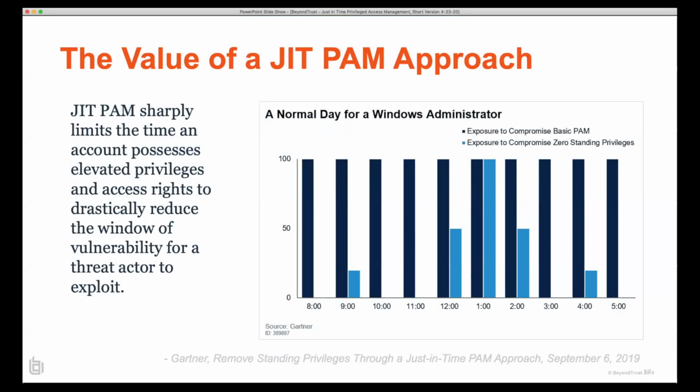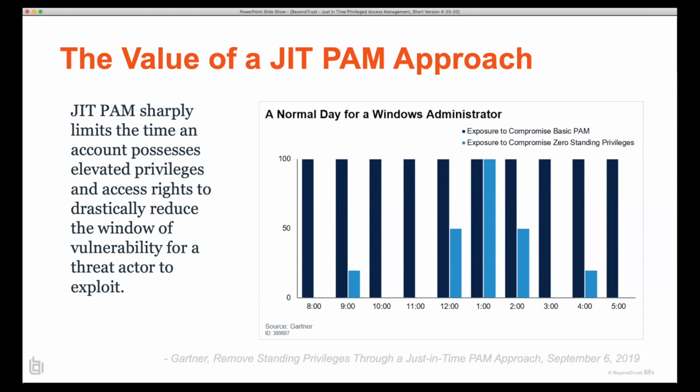So what is the main value? Look at this chart. 168 hours a week, an always-on account for an admin is exposed. But if I have a person that needs to do a task for a couple of hours each day, some days longer, some days shorter, I can limit that exposure, that risk surface, by only making that account available when they need it.